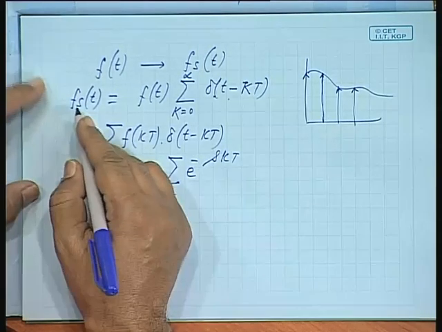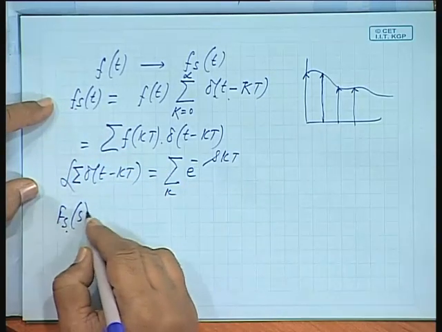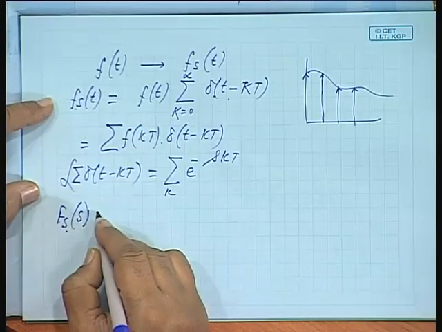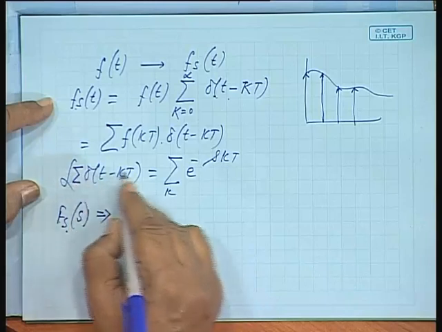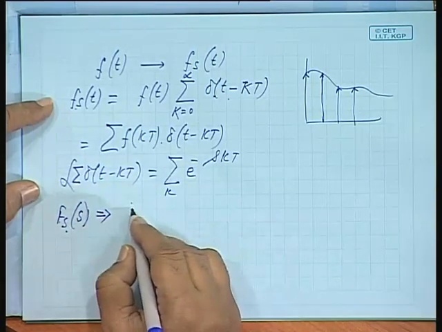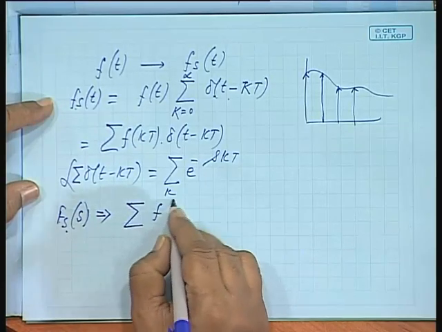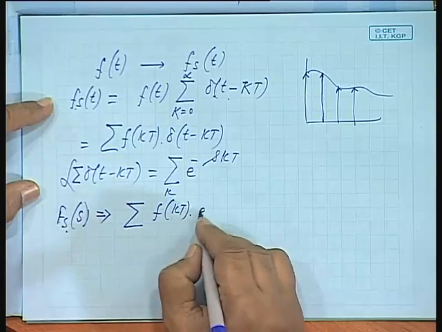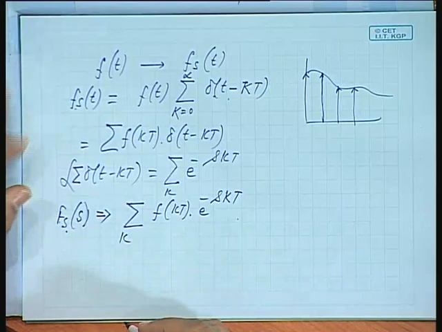If I call the Laplace transform f subscript s, this will be the Laplace transform of this, which will be summation of f k T e to the power minus s k T. Do you all agree?